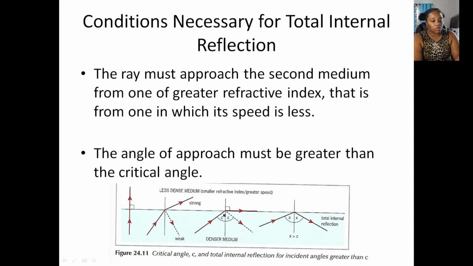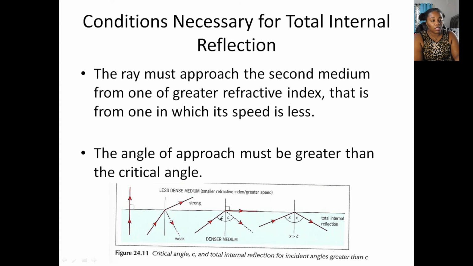Eventually, this is the critical angle. The critical angle is where you have the refracted ray being 90 degrees to the normal, right? So this is the critical angle, and then the total internal reflection happens once the critical angle is surpassed, right?